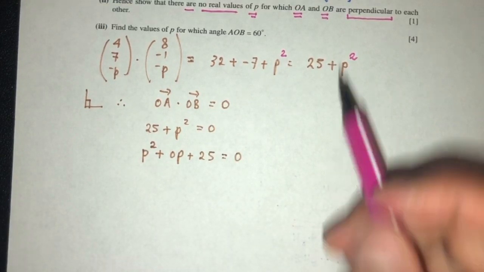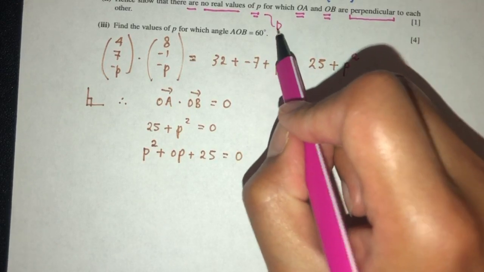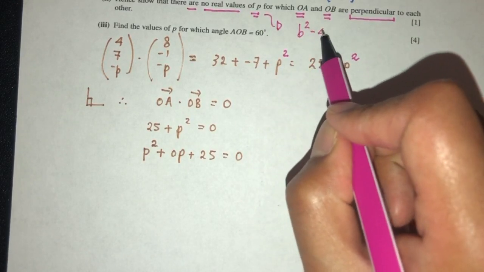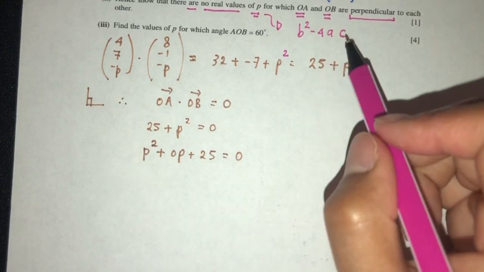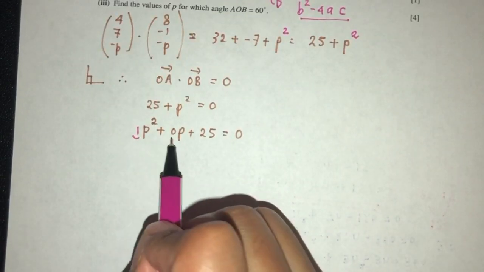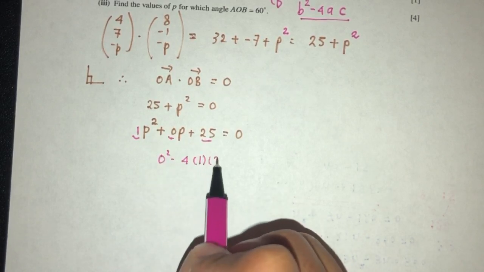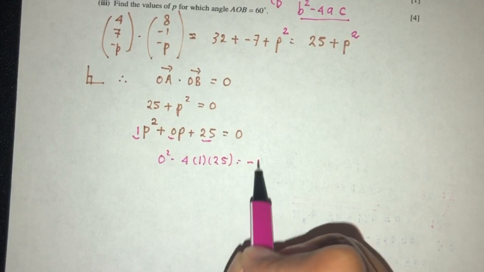Now again, we want to show they have no real values of p. We have to look at what? For the real values of p, we have to look at b square minus 4ac. Let's see what does that give us, right? So here we have a, b, and c. b squared is 0 squared minus 4 times a times c. That should be minus 100.